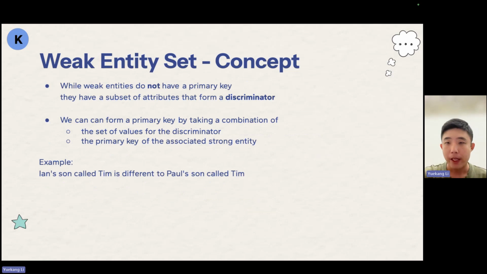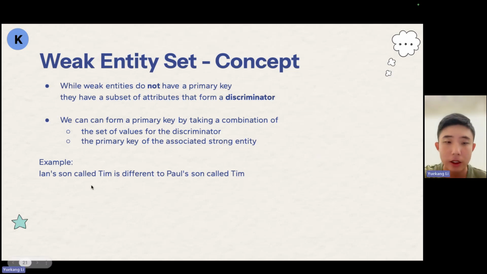So although the weak entities don't have a primary key, they have discriminators, and we can use the discriminator of a weak entity plus the primary key of the associated strong entity as the unique identifier of a weak entity.